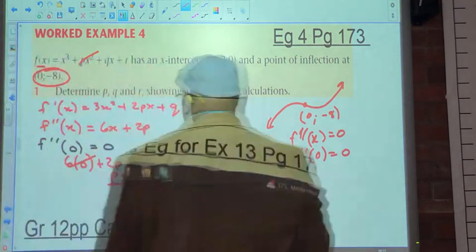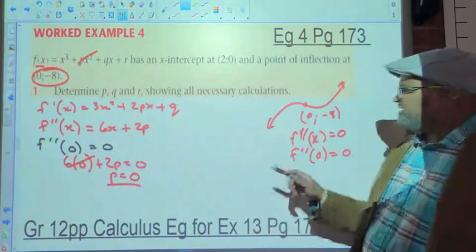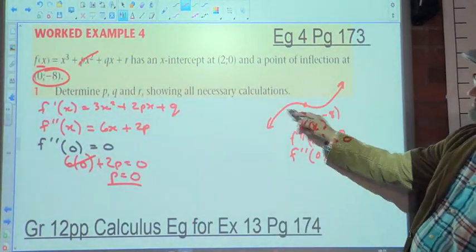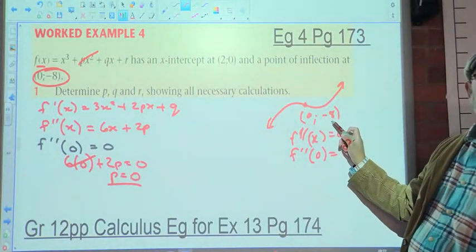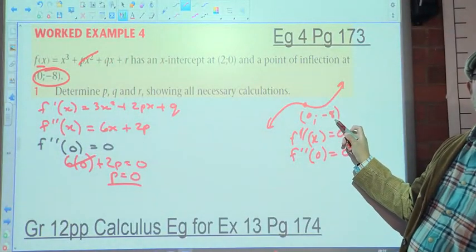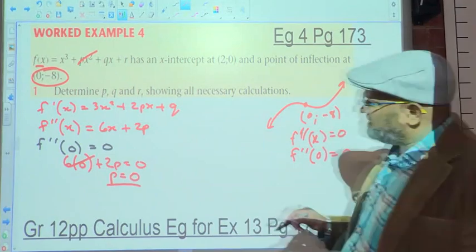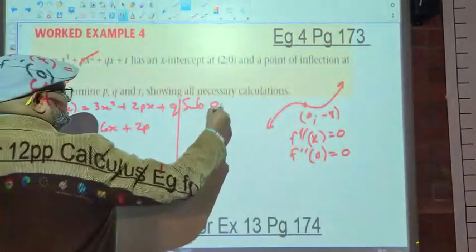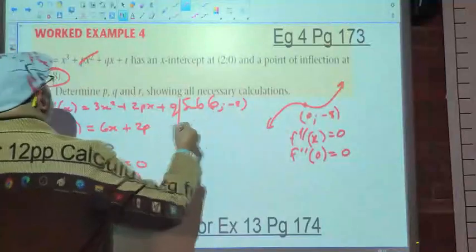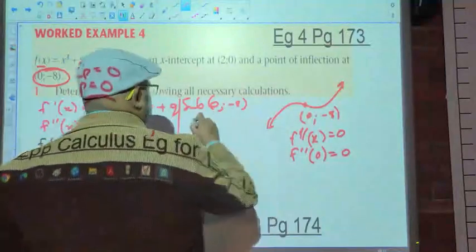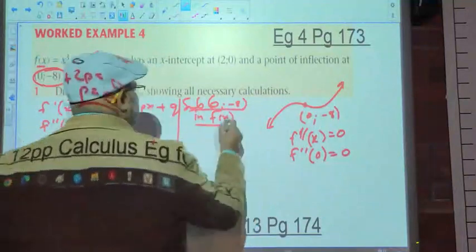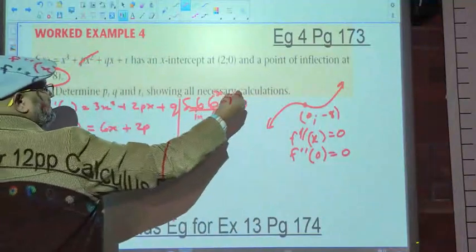Then (0, -8). So if the graph is going through (0, -8), that means to say if I put x in, I get the y out. Not so? So what I'm going to do is substitute 0 and negative 8 into f of x. Okay, so if we do the substitution, that's the x and the y again.